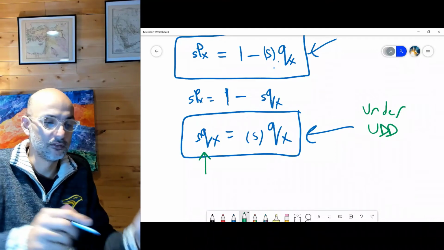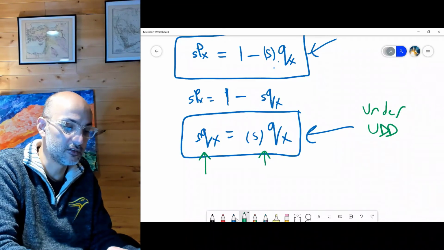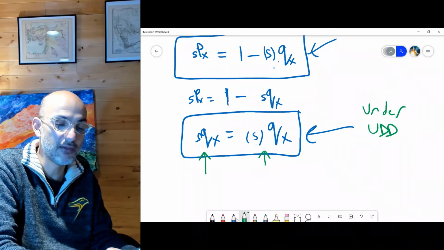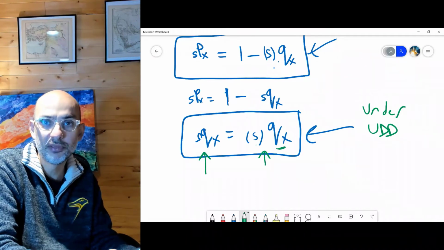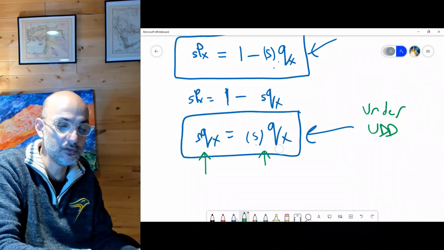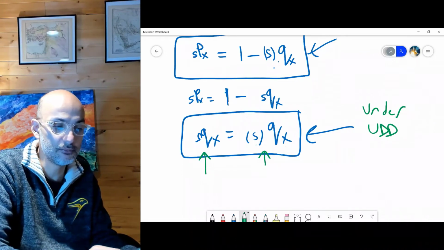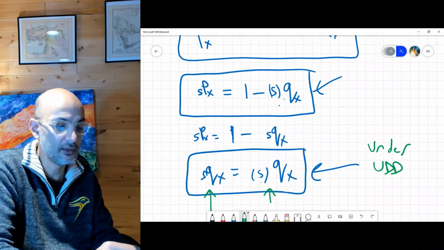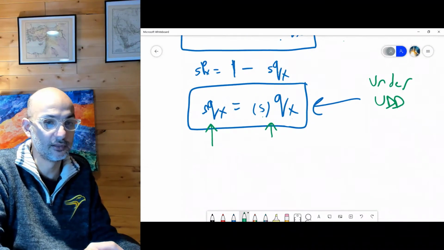So s is the fraction of the year, 6 months, 7 months, like 0.6, 0.2, 0.3, multiplied by q x. Death occurs over the whole period of the 1 year, and that's why we say uniform distribution of death. This is very important. Everything I put here is very important.